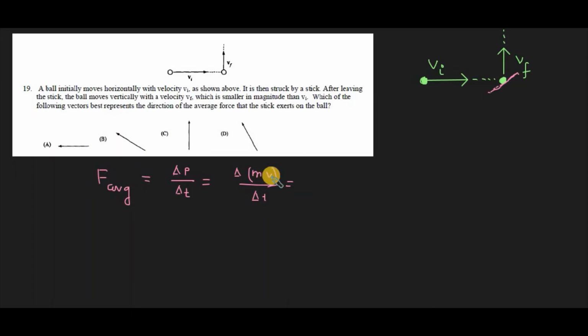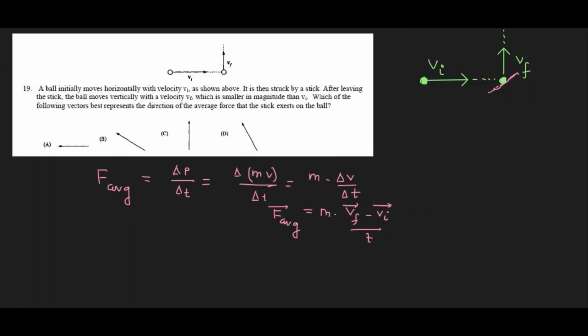Mass is constant, so we can say m delta v upon delta t, which is final velocity minus initial velocity upon time taken. Considering the vector form, F average is equal to mass times final velocity minus initial velocity.